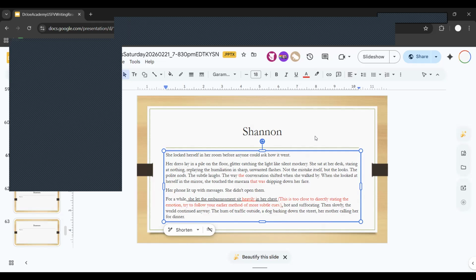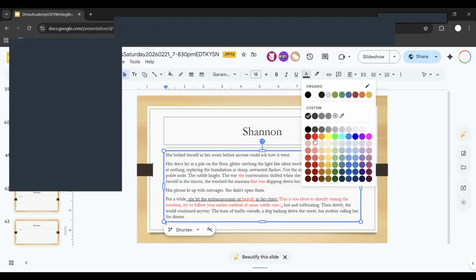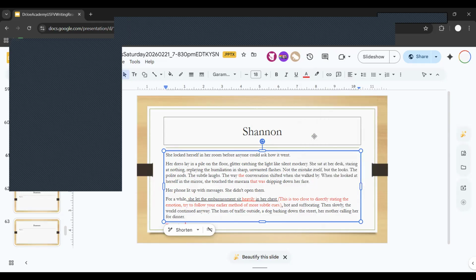For example, what specific memory replays the loudest? A single sharper detail would intensify the realism of the scene. So I'm just going to write over here, try to intensify her internal thoughts. For example, what specific memory replays the loudest?